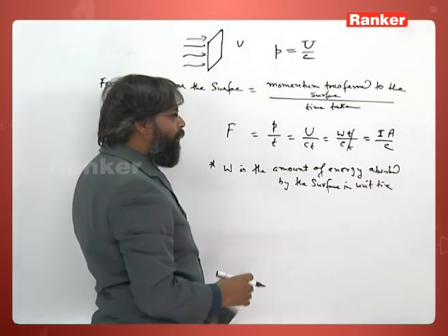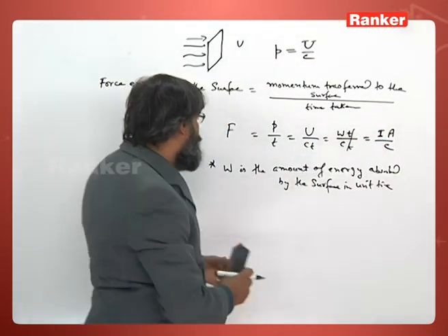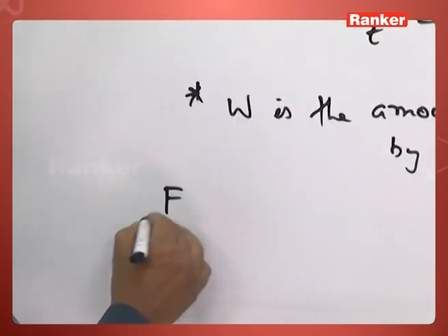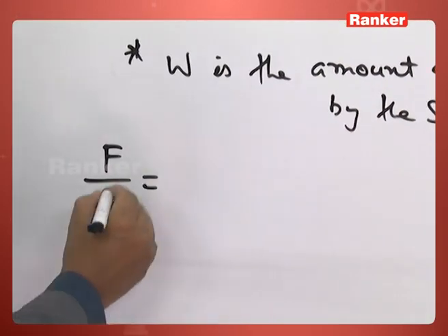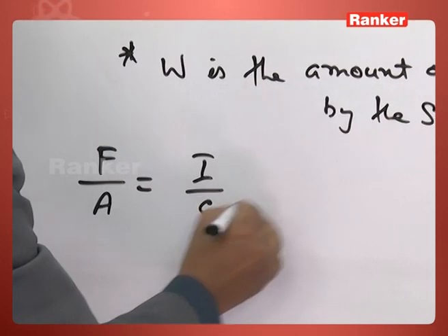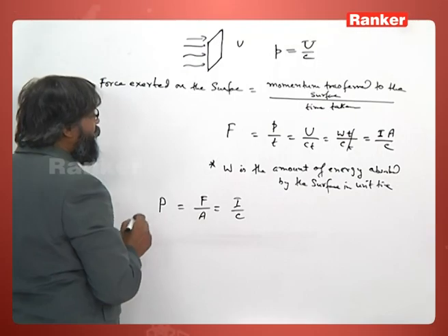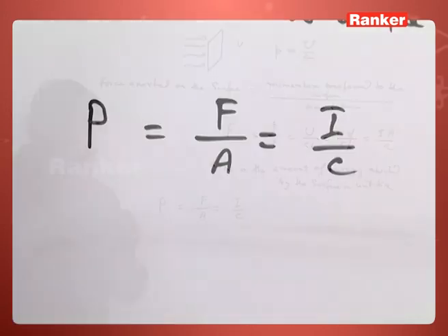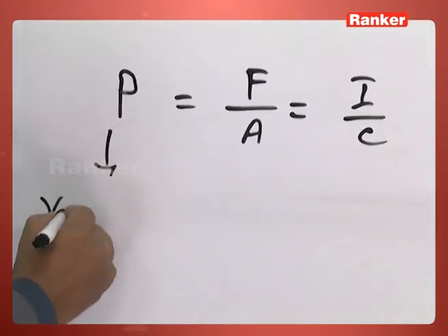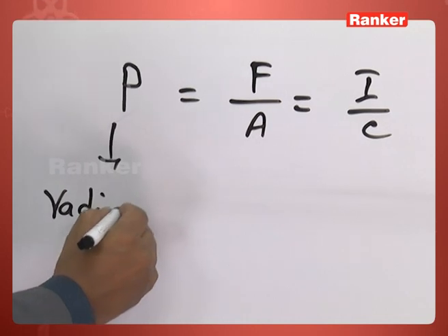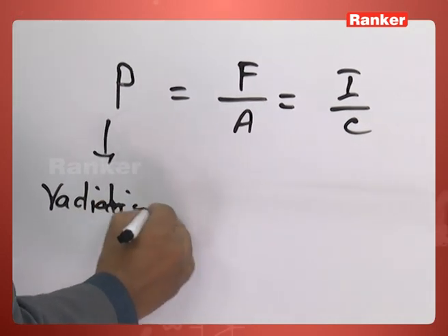So W will be equal to intensity into area. So we will write force by area will be equal to I by C. This is the pressure exerted by the radiation, and we will call this radiation pressure.